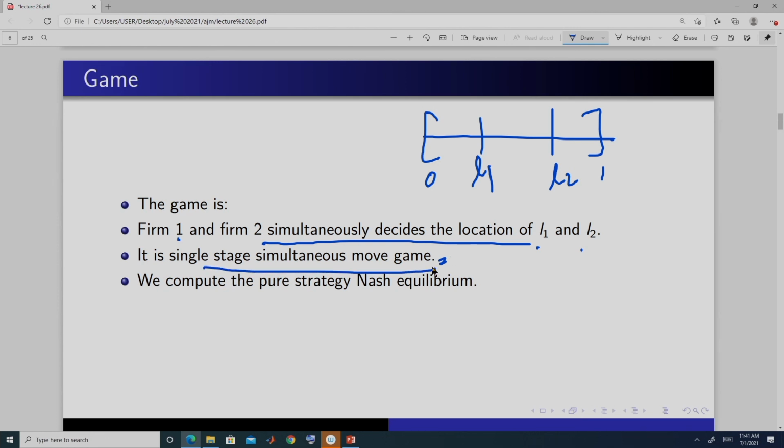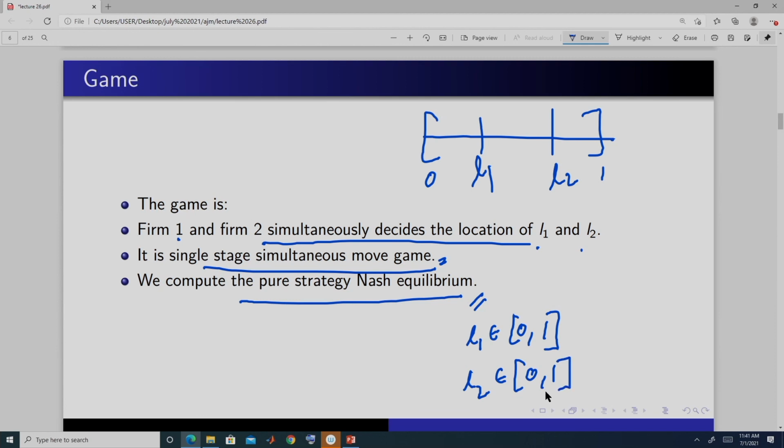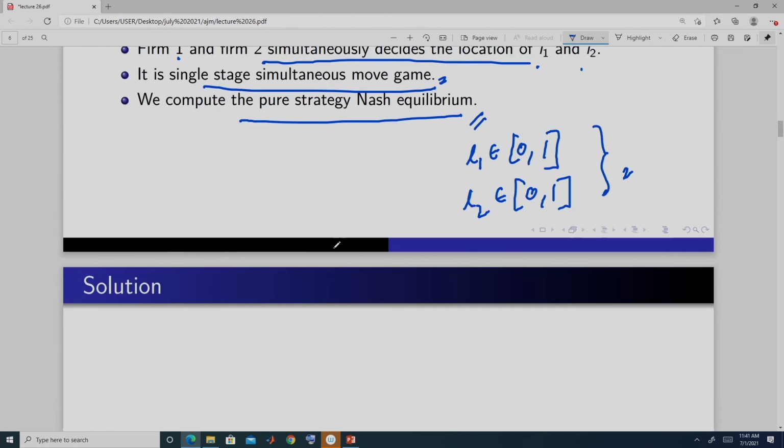In this game we compute the pure strategy Nash equilibrium. The strategy set of firm 1 is any location in the unit interval 0 to 1, and the strategy set of firm 2 is also any point in the unit interval 0 to 1. Now, we move to the solution, where we find the pure strategy.